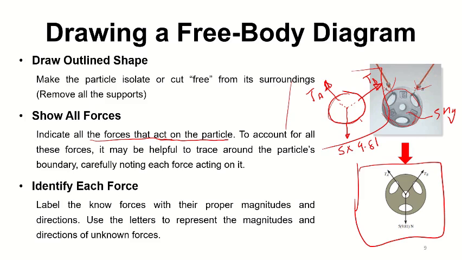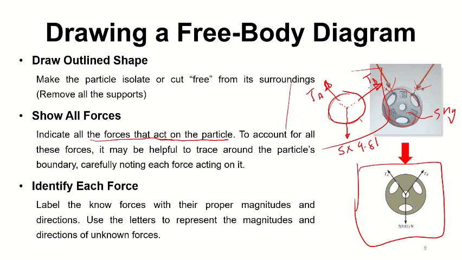Second step is to show all the known and unknown forces. Third step is to label all the known and unknown forces with their proper magnitudes and directions, and you can use letters to represent the magnitudes and directions of unknown forces.